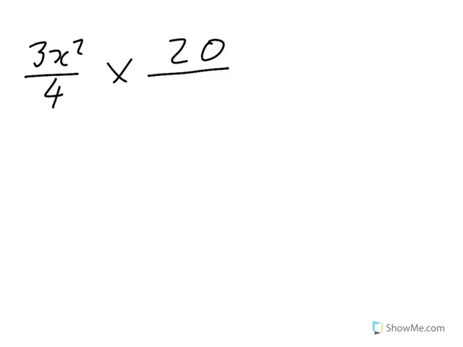Let's have a look at a couple of examples. So 3x squared on 4 times 20 over 9x.